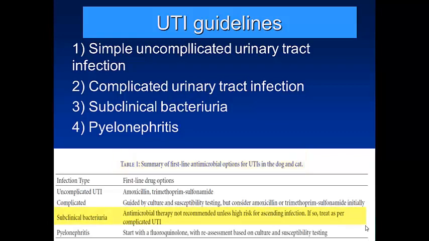As you can see, subclinical bacteriuria does not require treatment, so that's one of the conditions where we may overuse antimicrobials. Just like in situations when we catheterize an animal, in which we are prompting them to develop resistant bacteria if we need to treat them later on. So here are the four major groups that we're going to see one by one, and we're going to describe what the working group suggests in each one of those categories.